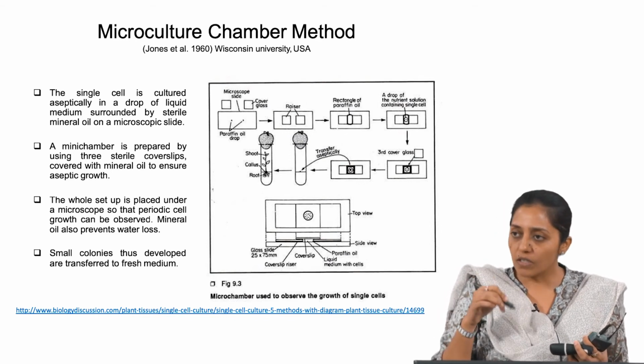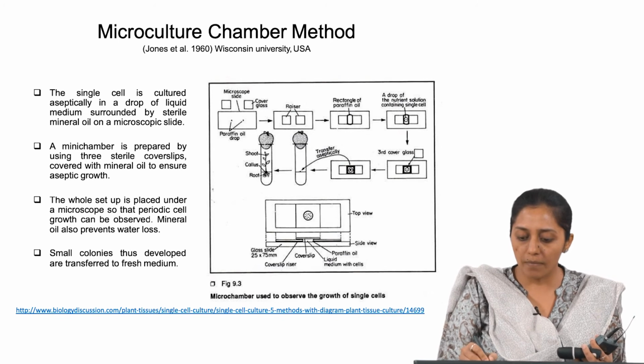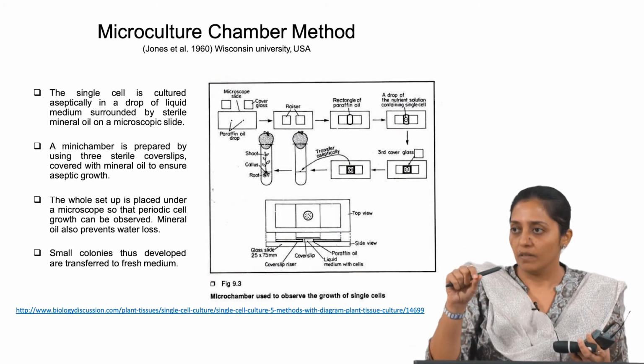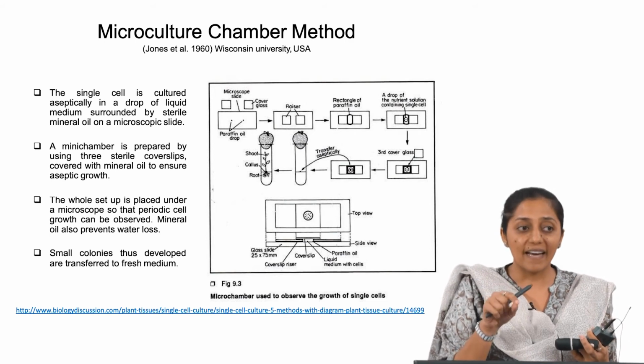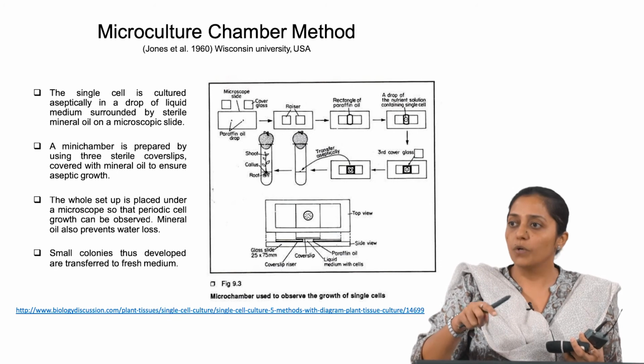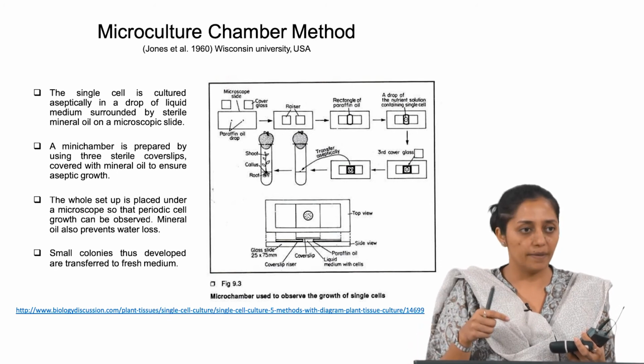Now, because there is oil underneath, it will form a small oil boundary, so as to give a sterile environment, so that whatever is inside this square would not be in touch with the outside world.